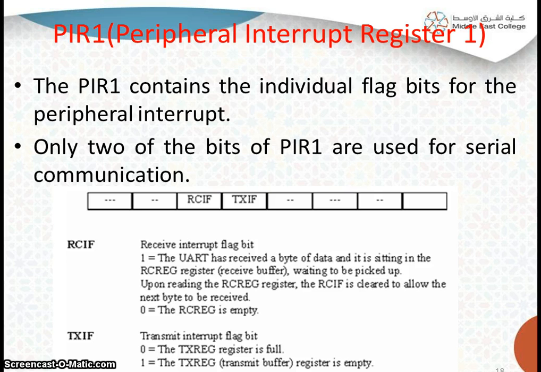So the programmer has to transfer the data from the RCREG into a safe place before the next set of data is received. The TXIF flag will be 0 when the TXREG register is full, that means the data is not yet transmitted or it is under transmission. TXIF will be 1 when the register is empty.